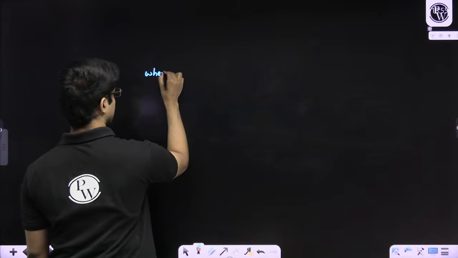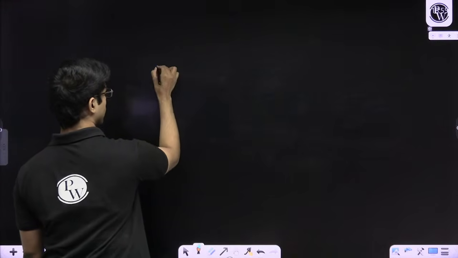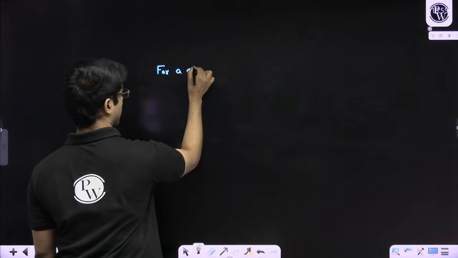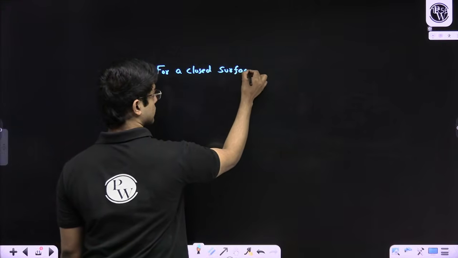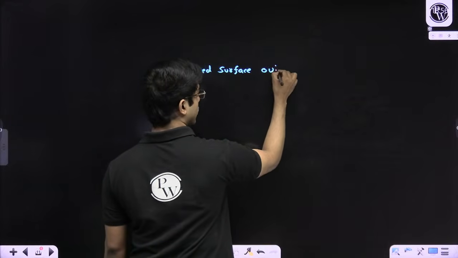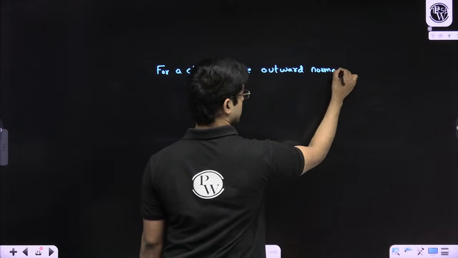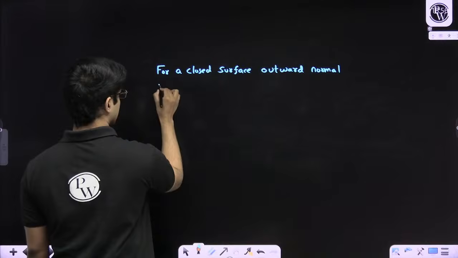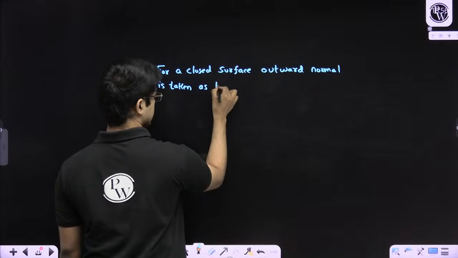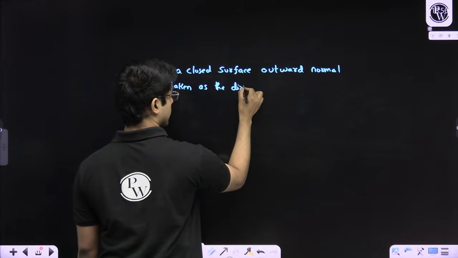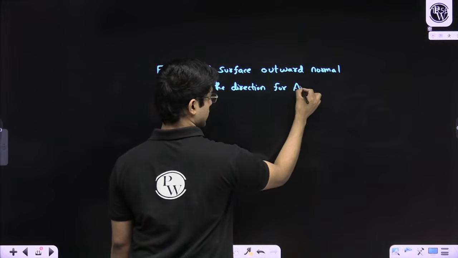For a closed surface, the outward normal is taken as the direction for the area vector.